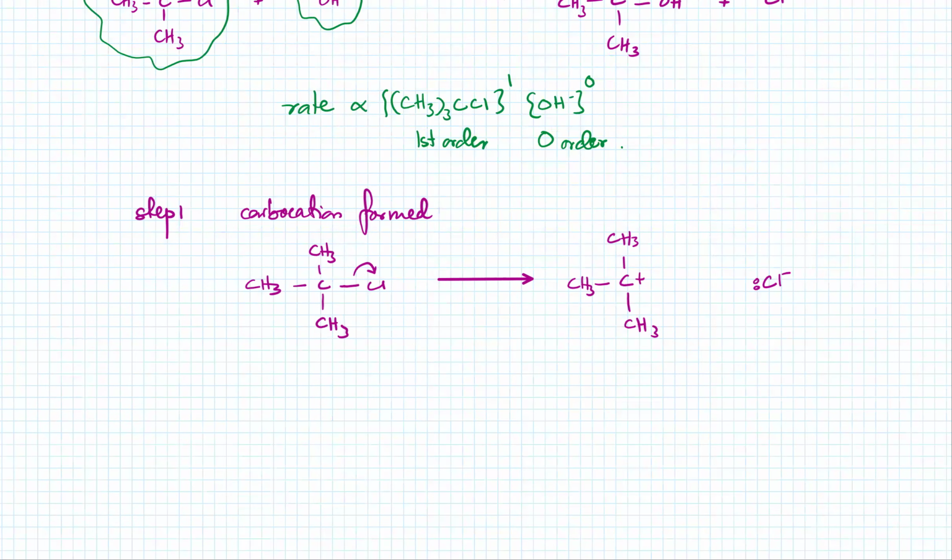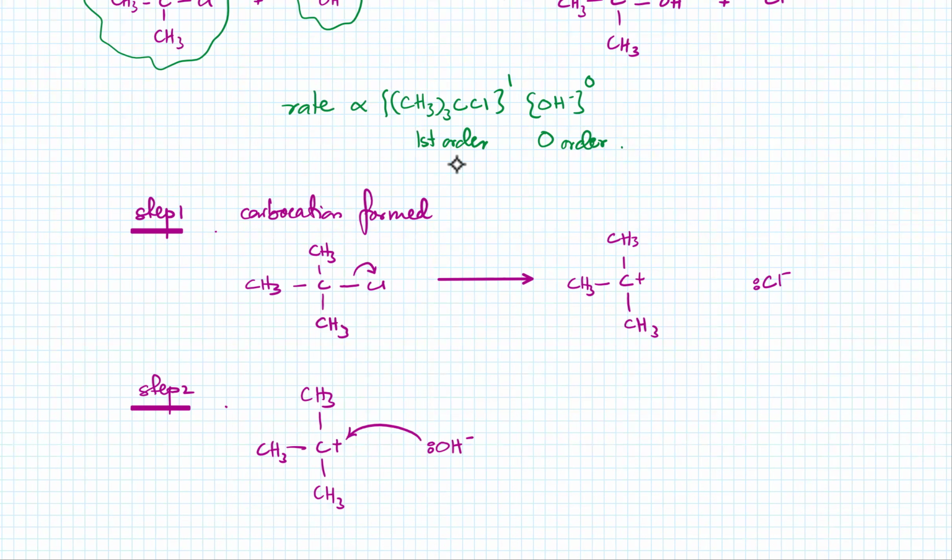And then you have step two of the reaction. In step two, the carbocation goes and binds with the OH ions. So you had a tertiary carbocation. Even if you don't know any of this mechanism, I'm writing down all the mechanism myself, so we're not getting tested on the mechanism itself.